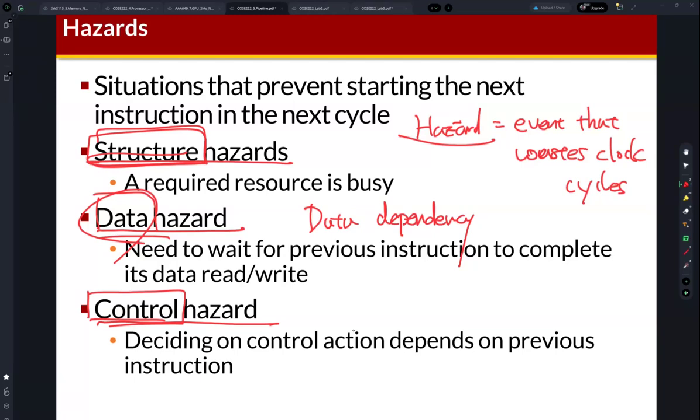The control hazard is caused by control instructions. What are control instructions? Branch and jump instructions, right?